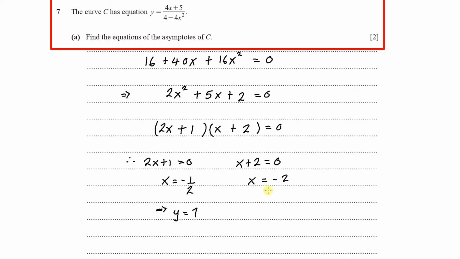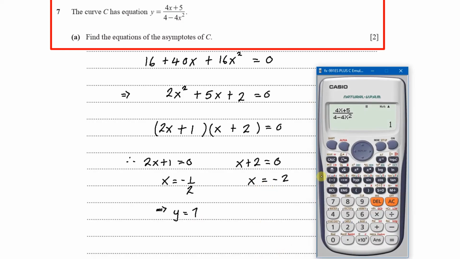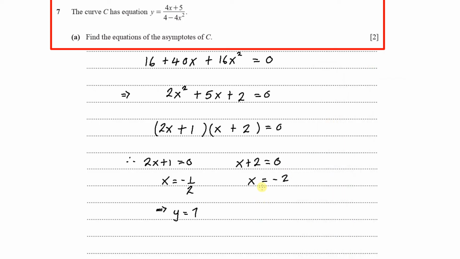And when x is a value of minus 2, we'll say here minus 2 and shift, and we store it into x. So substituting it into (4x + 5) over (4 - 4x²), we get a quarter. So here, if x is equal to minus 2, y is equal to a quarter.